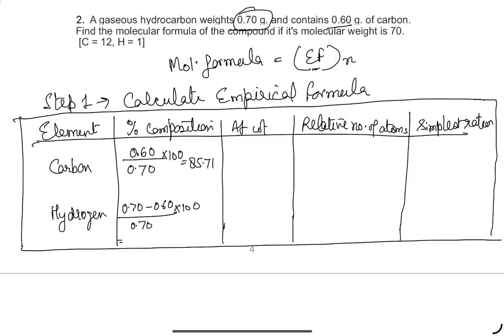So you will get 0.10 divided by 0.70 times 100, and you will get the answer 14.28 percent.